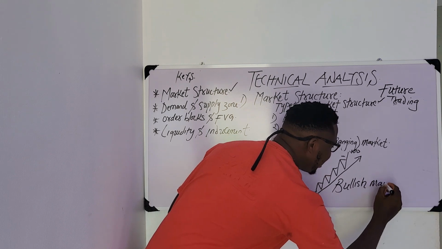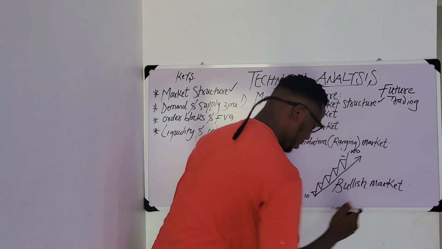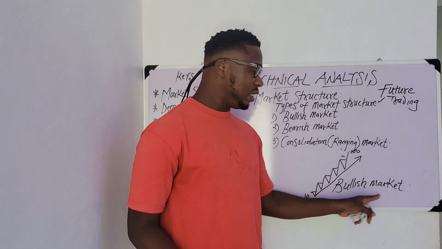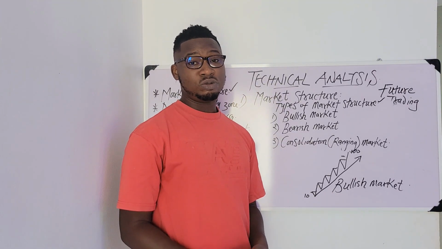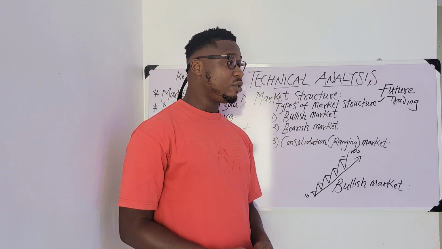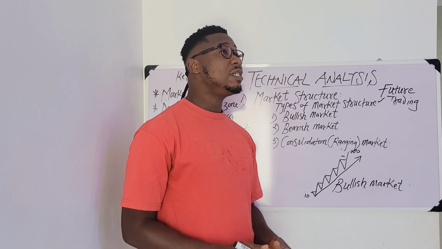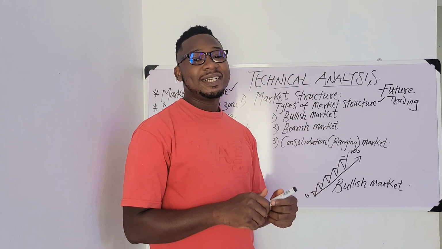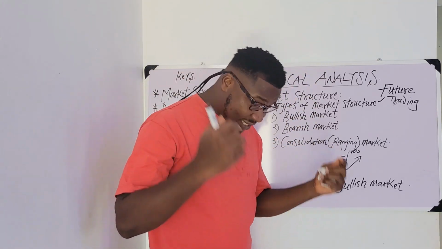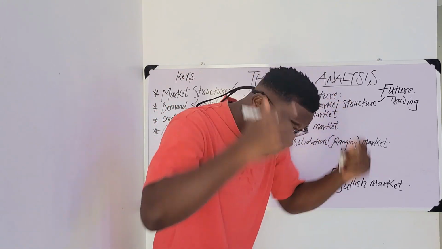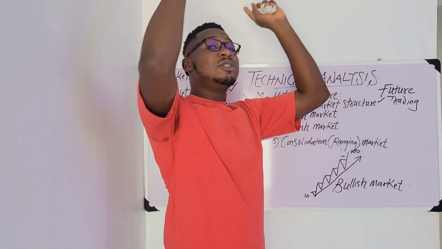A bullish market. Okay. When we use the word bullish, it comes from the animal bull. That animal, anytime you see it, is always facing up with its big horn. It's always facing up. Even if it's fighting, it normally uses its horn to carry any prey and then throw it up.